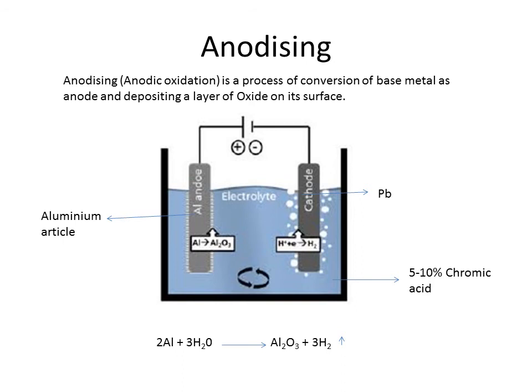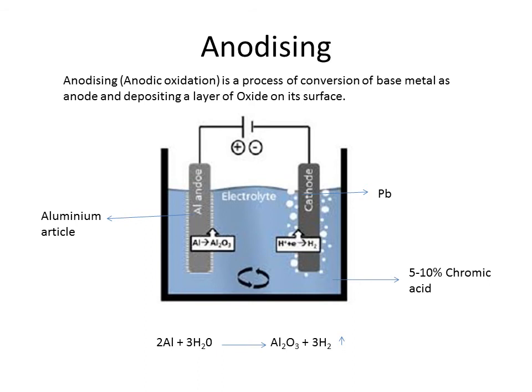It is a process of converting the base metal into an anode and depositing a layer of its oxide on the surface. See how interesting it is. So far we have discussed that the anodic part of the metal undergoes corrosion.